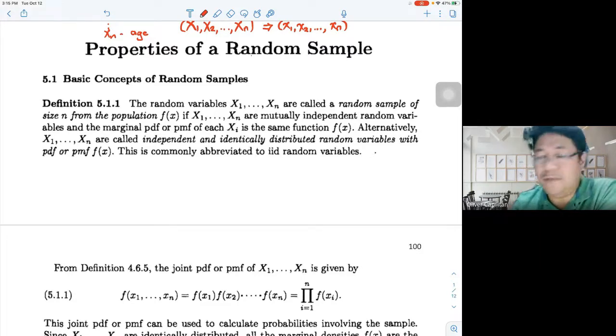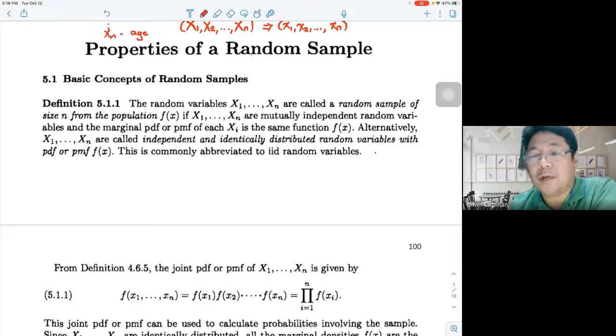Based on our definition, the sampling method of data collection here is usually sampling from an infinite population. We consider here an infinite population.